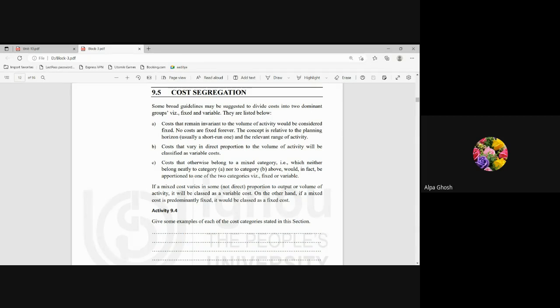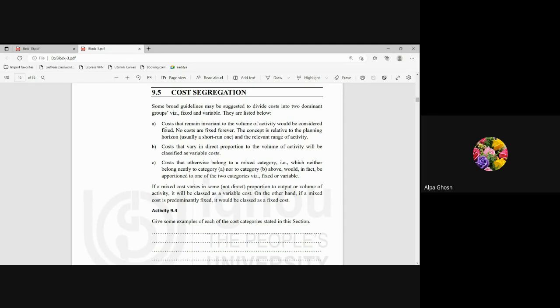The cost that remains constant and does not change with the volume or quantity of operation is fixed cost. And variable cost is the cost which keeps on changing in direct proportion to the volume of the activity.